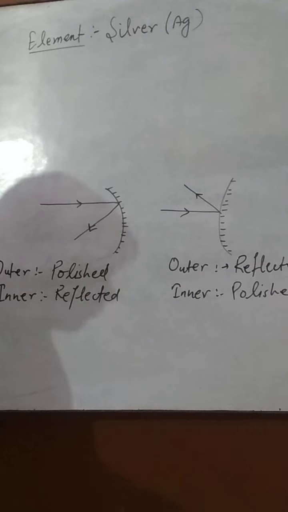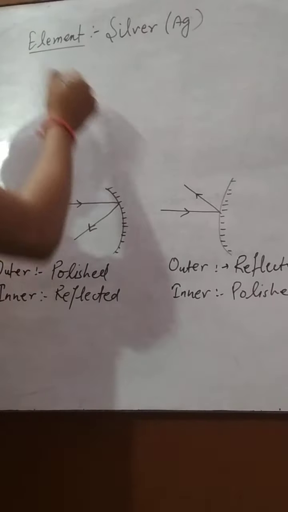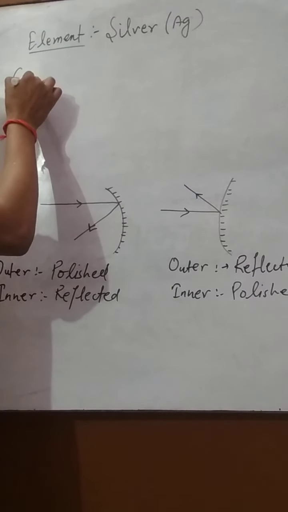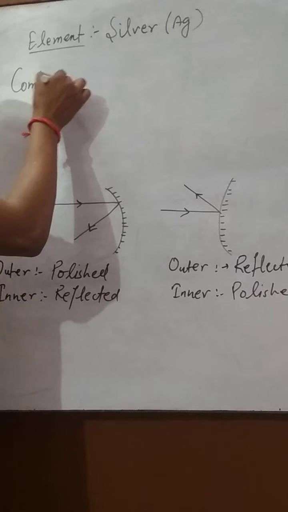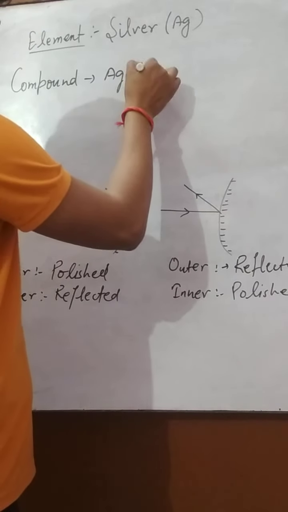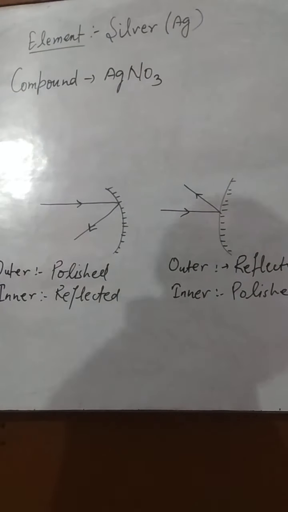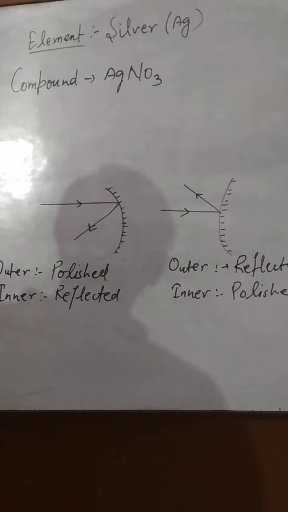But you have to know the name of the compound. The compound is AgNO3. The name of this compound is silver nitrate.